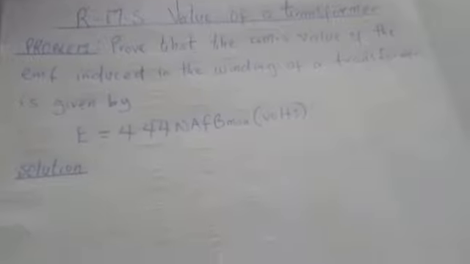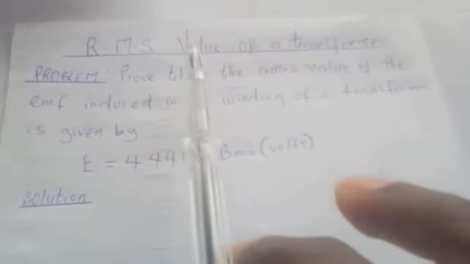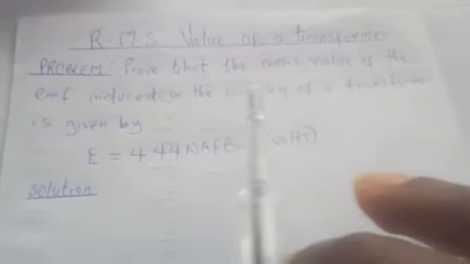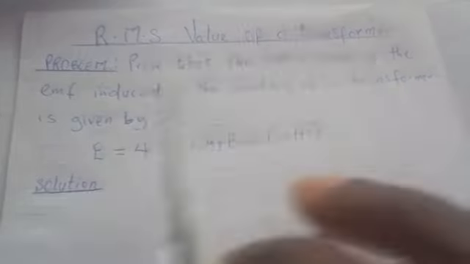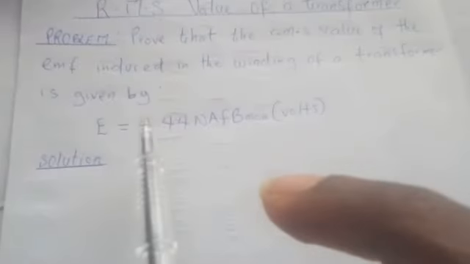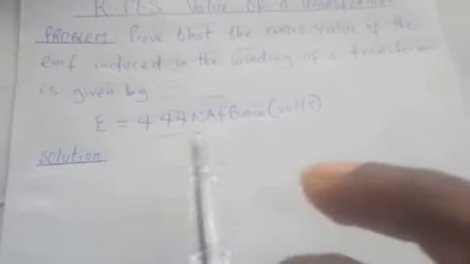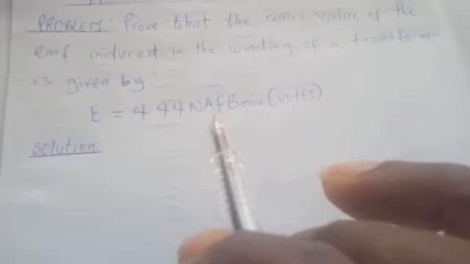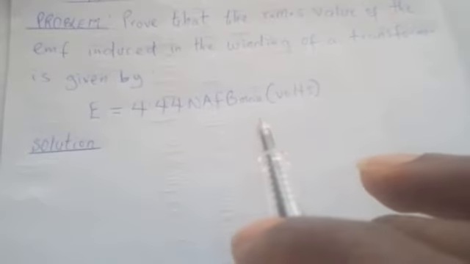Today we'll be discussing the root mean squared value of a transformer. The problem here is that we should prove that the root mean squared value of the EMF induced in the winding of a transformer is given by E equals 4.44 N A F B max in volts.